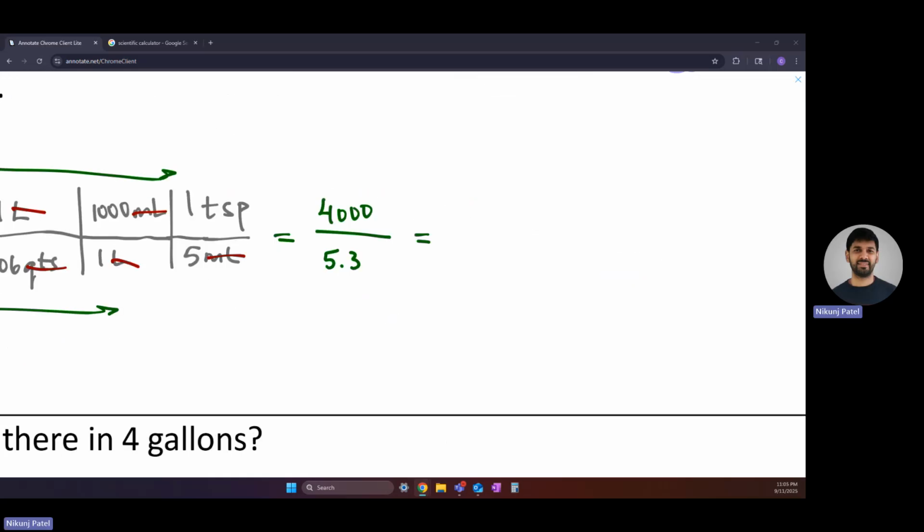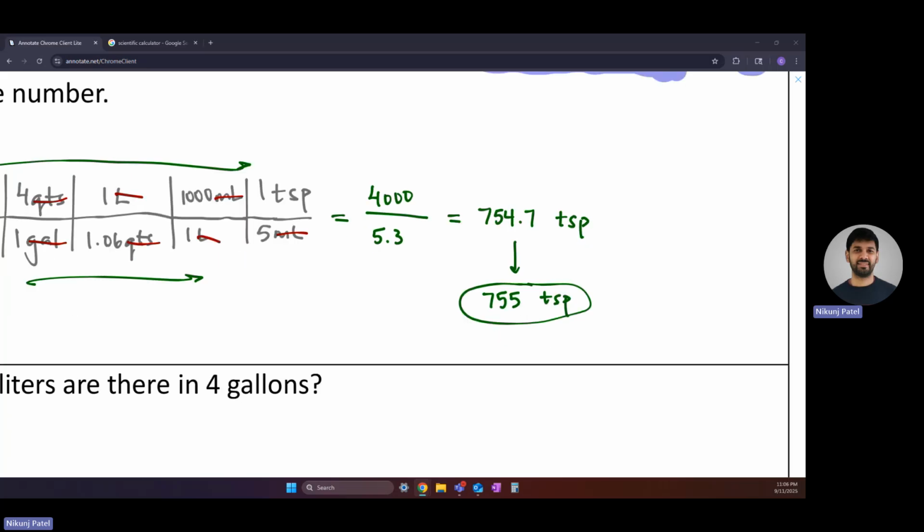And when we divide those, you'll get a decimal, 754.7. Now, teaspoons aren't always measured in decimals, so depending on the question, you'll most likely see it rounded to a whole number. If it's a particular measurement that measures in whole numbers, it'll most likely round the answer to a whole number.